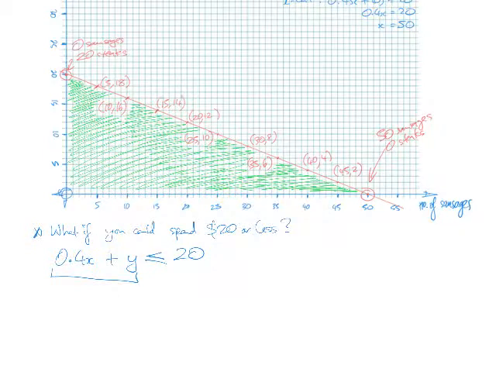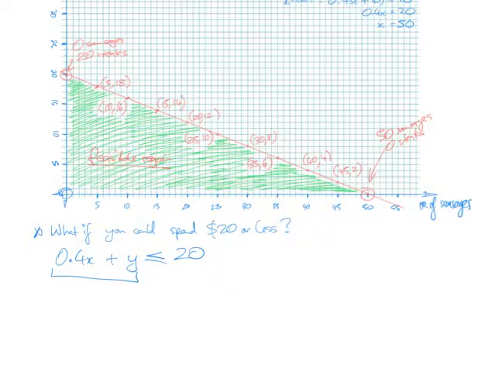So instead, we have a feasible region. That would be the case if it's less than or equal to. It's underneath the line. If it was greater than or equal to, it would be past the line and nothing underneath. So these solutions here are not feasible.